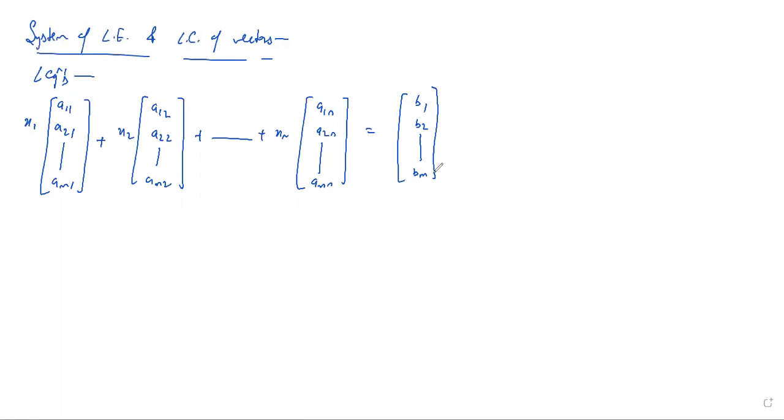Okay, so this is another way that we can write our linear equations too, and this is actually the linear combination of vectors.